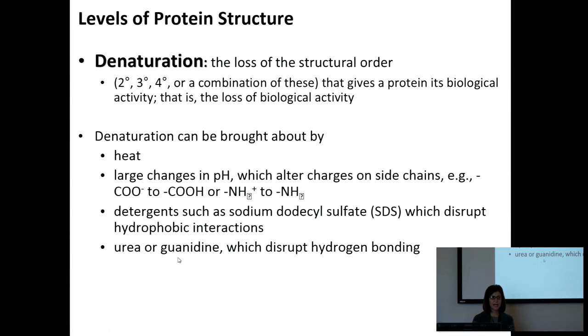So they'll go around and hydrogen bond in the place of things that should be hydrogen bonding with other things. They put themselves in where maybe two polar amino acid side chains should be hydrogen bonding with each other. These guys go in there and disrupt that hydrogen bonding.